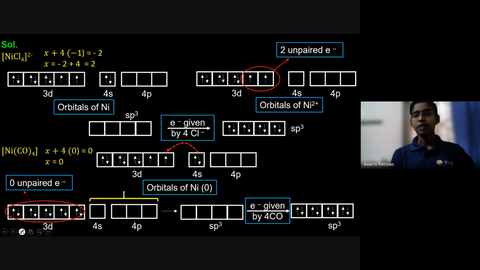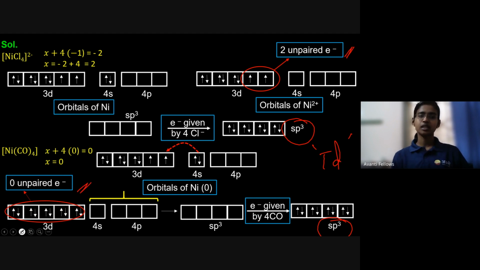But you see the hybridization is the same for both. Both have sp3 hybridization and that's why they are tetrahedral in nature. But the number of electrons differs. One is para and the other one is dia.